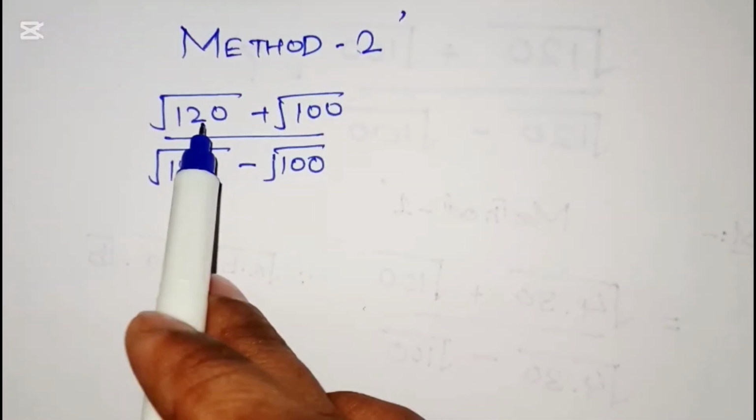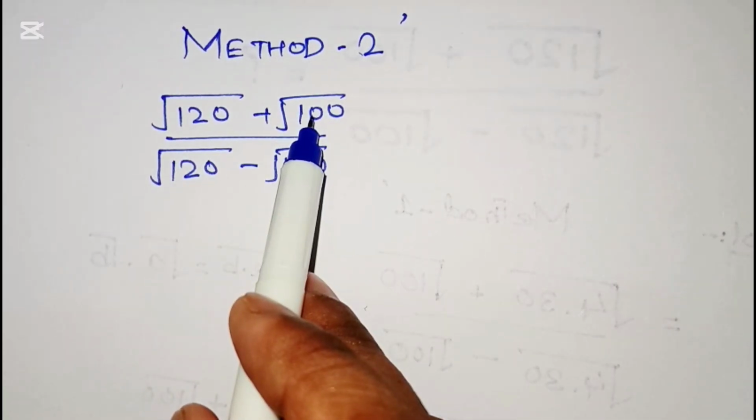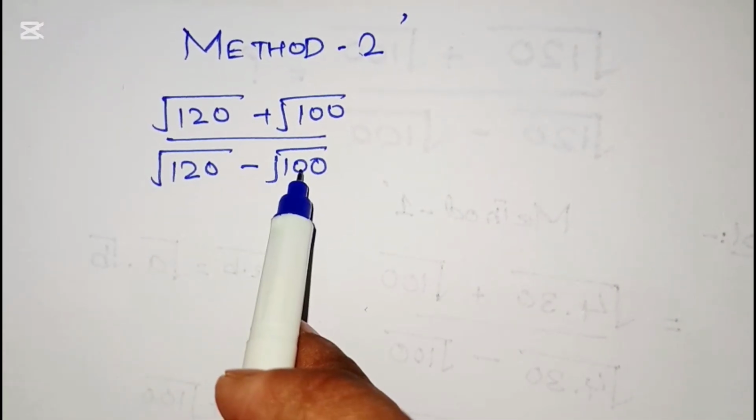Now in method 2 we have square root of 120 plus square root of 100 over square root of 120 minus square root of 100.